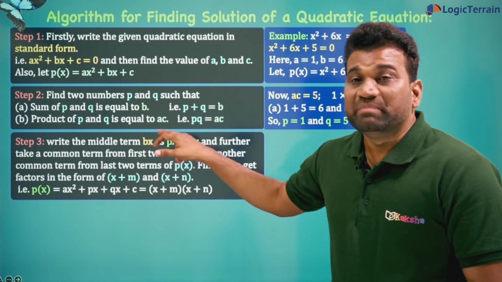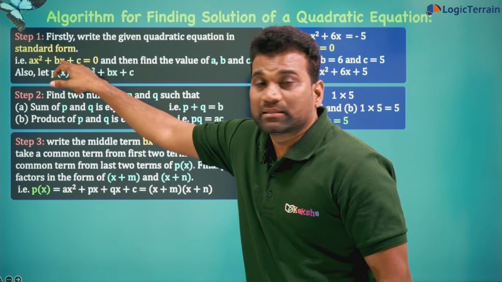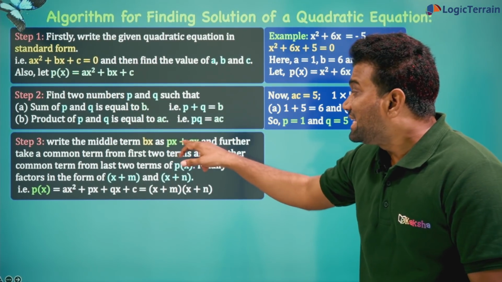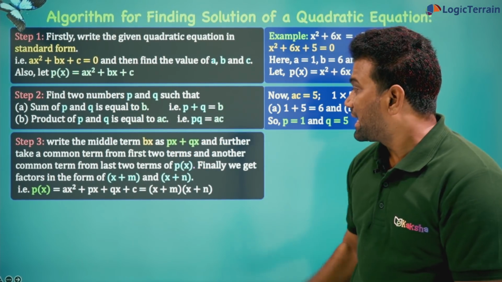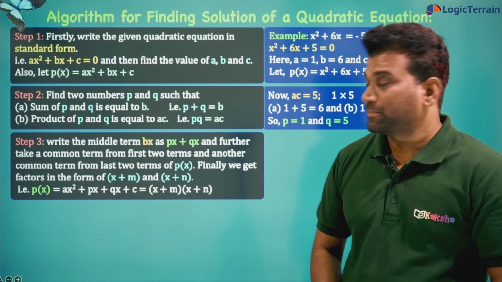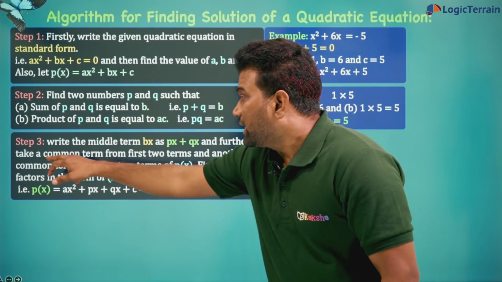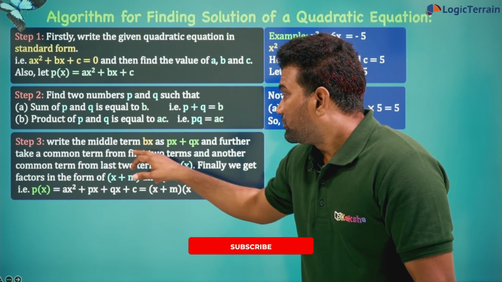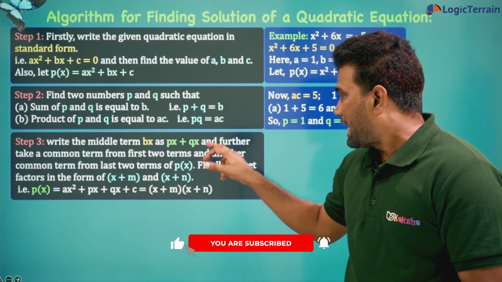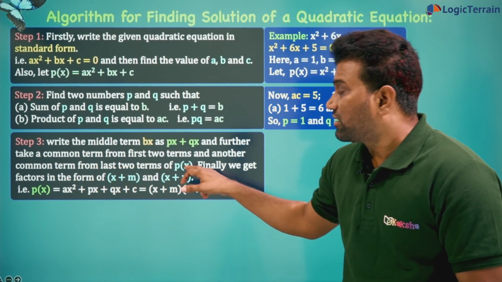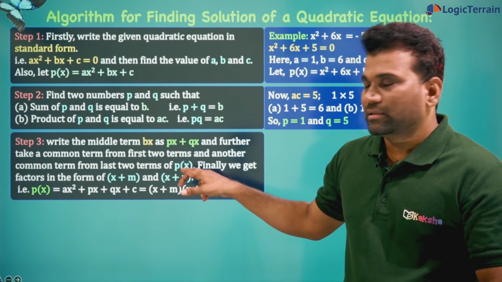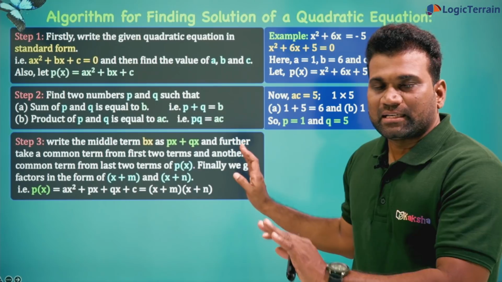Next, step 3. Write the middle term bx as px plus qx. So the middle term we need to split as px plus qx, and further take a common term from the first two terms and another common term from the last two terms. Don't get confused, you will understand by example.